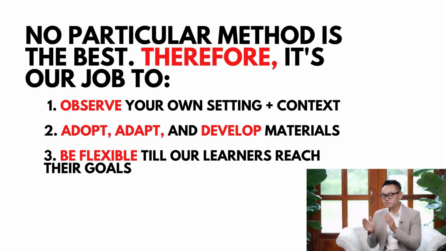If you observe that this activity is not good for this group of learners, okay, let me try something new. You see? Just adopt, adapt, develop, and then be flexible. This is a kind of cyclical process. It's very important for you to be very active here.